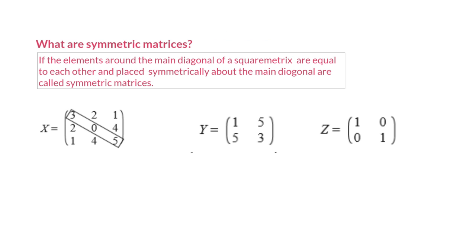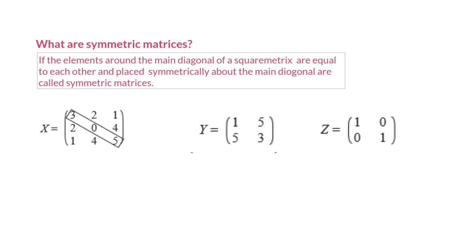What are symmetric matrices? If the elements around the main diagonal of a square matrix are equal to each other and placed symmetrically about the main diagonal, they are called symmetric matrices. Look at this matrix X equal 3, 2, 1, 2, 0, 4, 1, 4, 5. So this is the main diagonal.